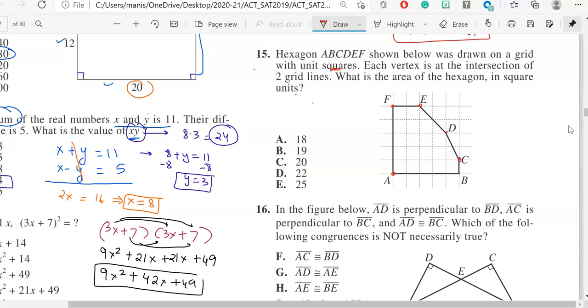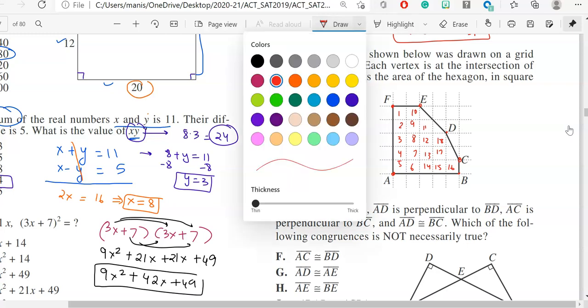Finding the area is very easy. Count these squares: 1, 2, 3, 4, 5, 6, 7, 8, 9, 10, 11, 12, 13, 14, 15, 16, 17, 18. So we got 18 squares. You see answer choice 18 is over there, but do not take that answer because that will be wrong.